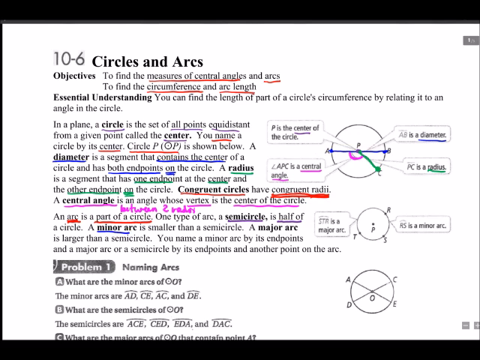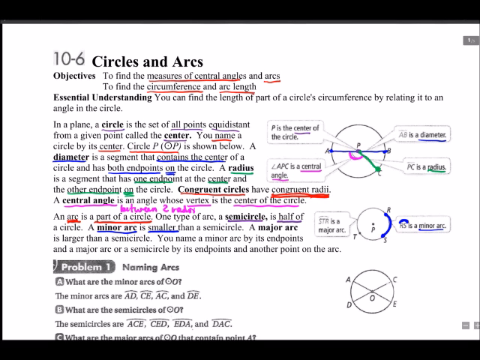A minor arc, minor means less than, is smaller than a semicircle. So notice here, this says arc RS. Notice our notation here. This is a minor arc. Arc RS, notice our little arc symbol up here.